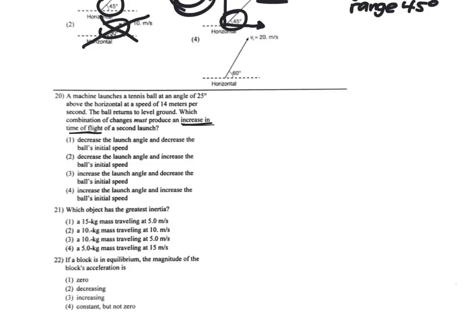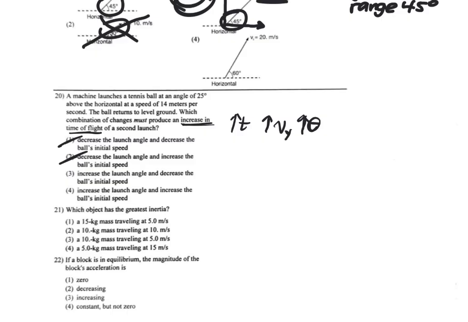All right, so I want to increase my time. So if I want more time in the air, that's going to mean I want to increase my y velocity. I want more speed going up into the air. So if I want to increase the y velocity, I would want to increase my angle up towards 90 degrees. So decrease the angle, no good.